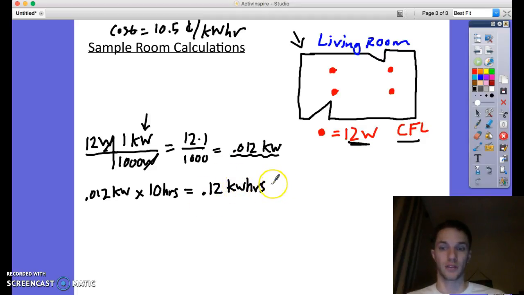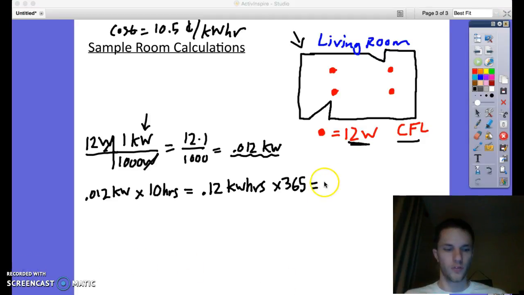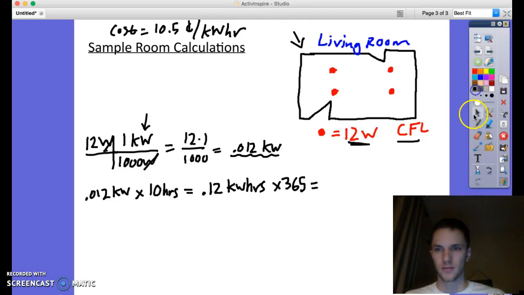But I need to run this cost for the whole year. So I need to multiply this by how many days there are in a year: 365. And when I do that calculation, I get a value of 43.8 kilowatt hours per year.